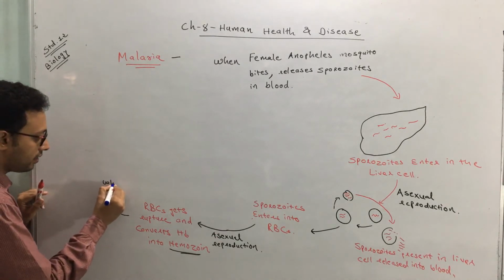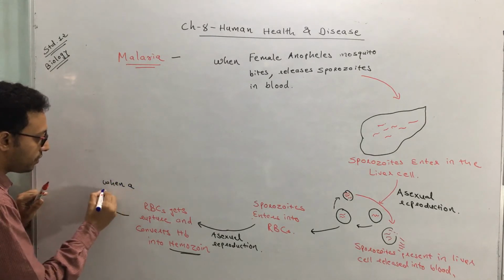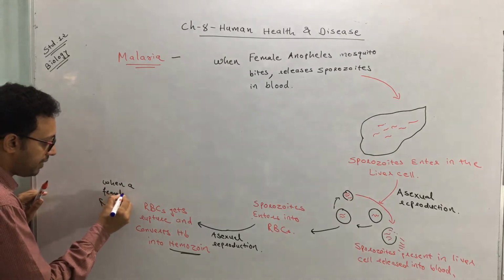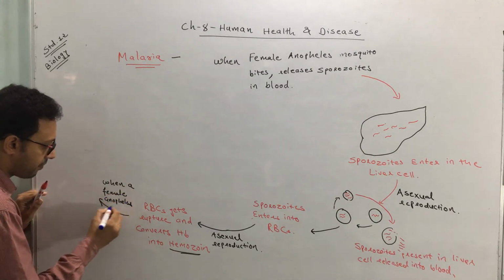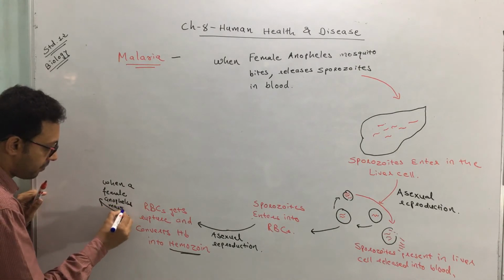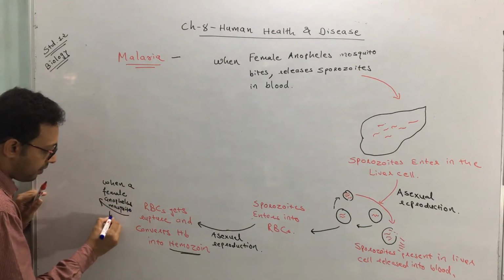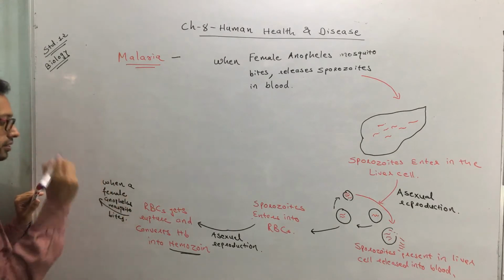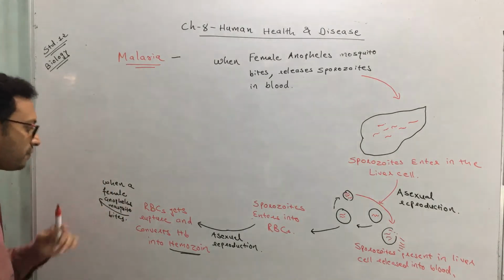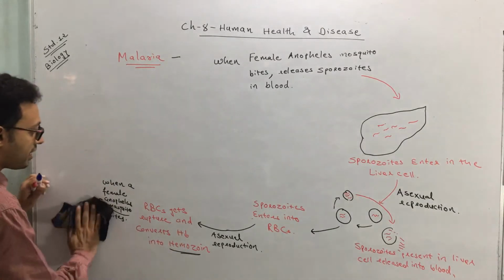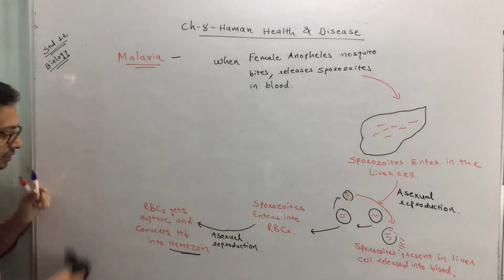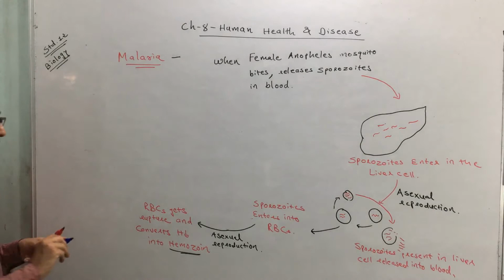When a female Anopheles mosquito bites. But before the female Anopheles mosquito bites, what happens? The parasites which are released, I will show you one more step so it's easy for you.